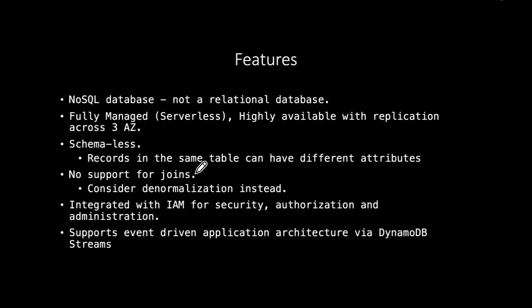And the whole point of not supporting database joins is to improve the scalability of your database. If joins are a really important feature for you, then you shouldn't use DynamoDB, possibly. Maybe you should switch to using a relational database option that's provided by AWS.